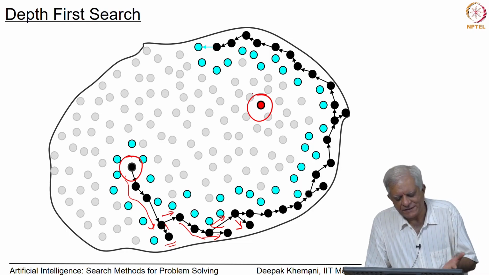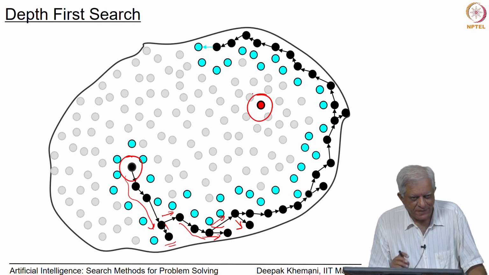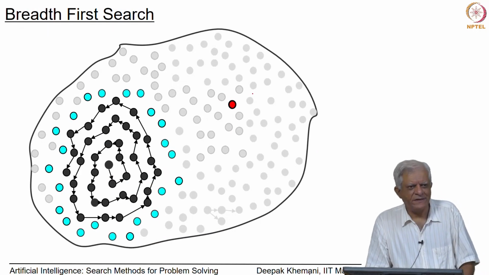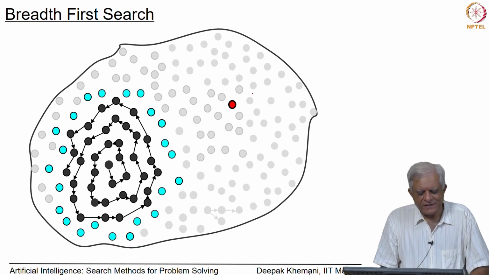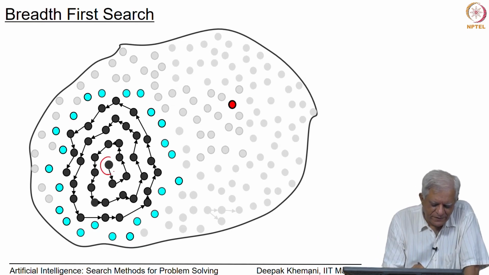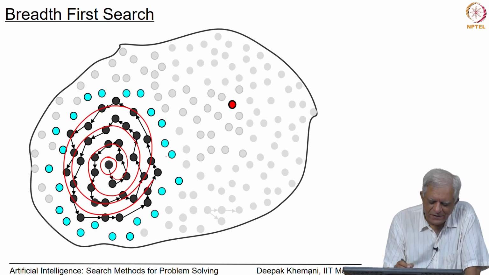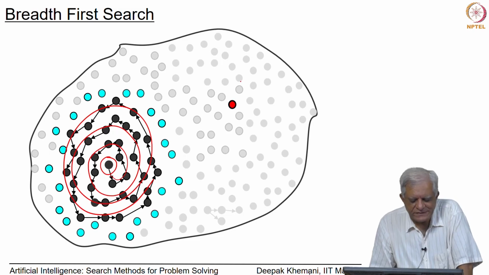So, if there are a finite number of nodes, it will eventually reach the goal node, but the path that it finds may not be the optimal one, and that we will see. Breadth first search, on the other hand, as I said, tends to stay close to the start node, and then of course, eventually it will reach the goal.